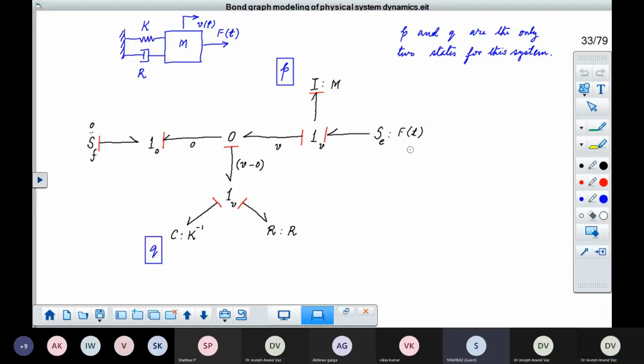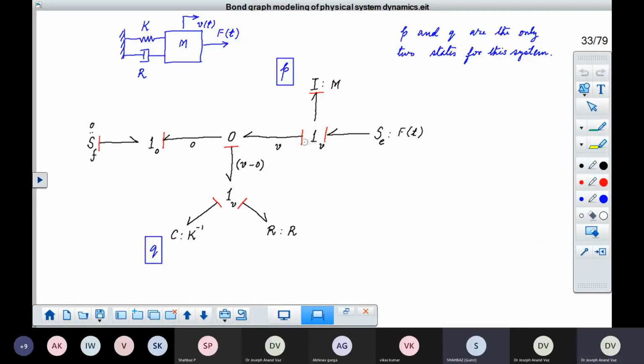It may change. We also have the inertia of this mass, so we have the I element, and because it has the same velocity as the mass, we connect it to this one junction.